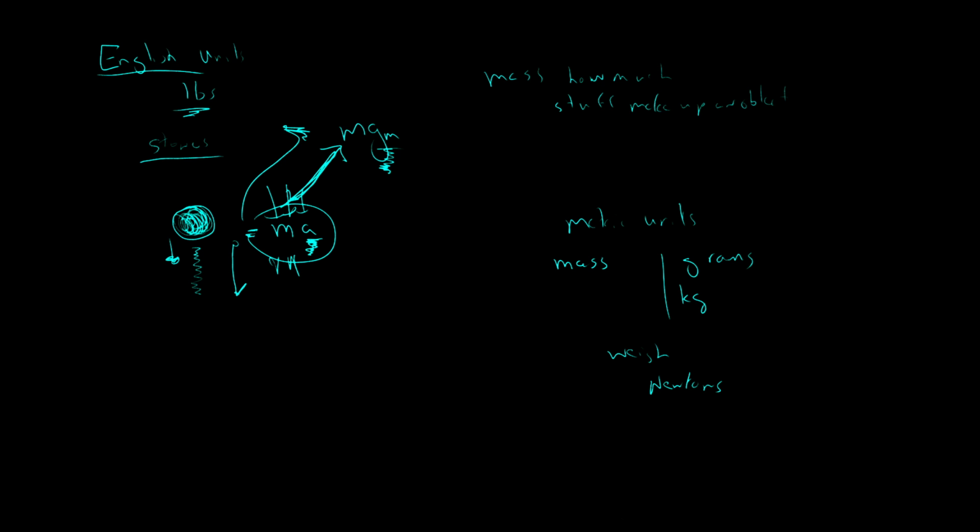And what tends to happen is we convert between the two as if they're the same. We just acknowledge that we're doing it on the surface of the Earth. So these conversions are not scientifically correct, but we are using this underlying assumption that all this is done near the surface of the Earth.